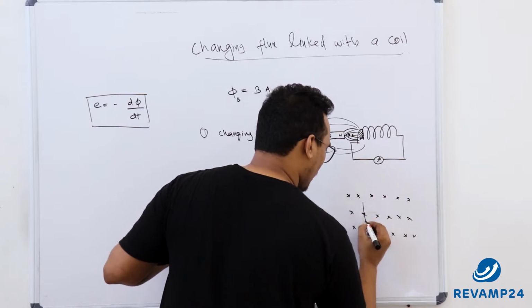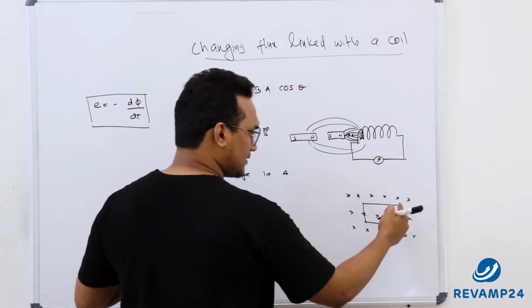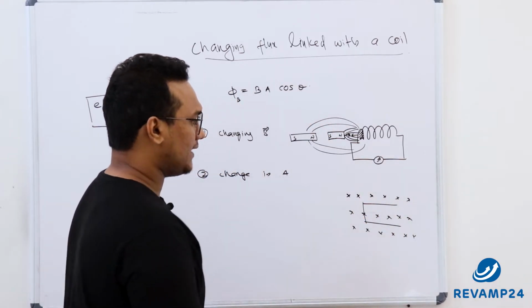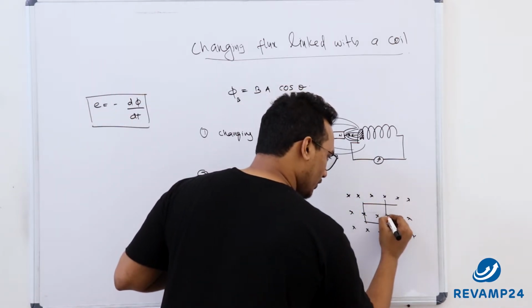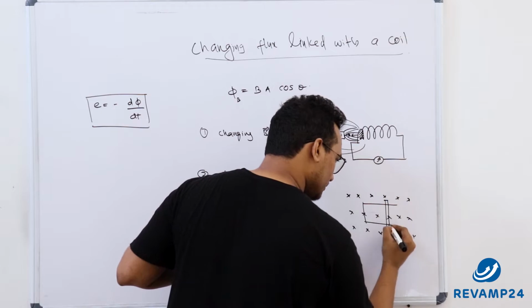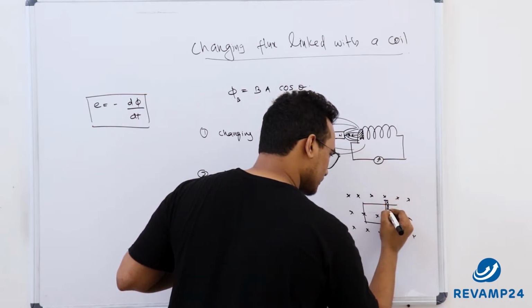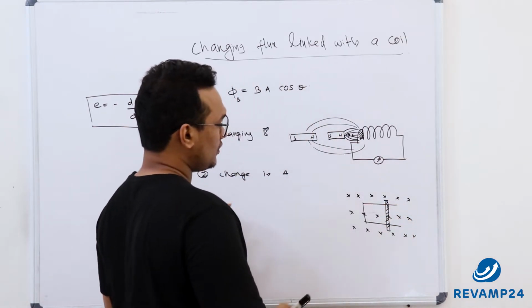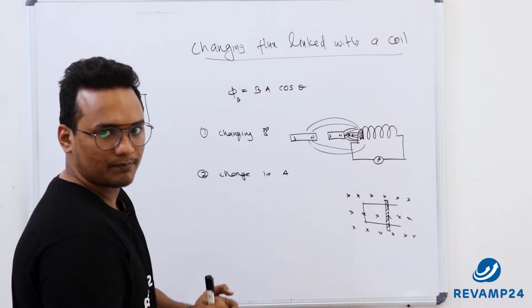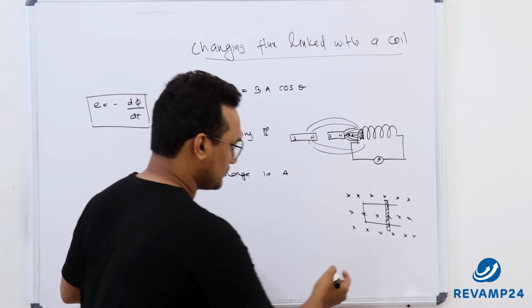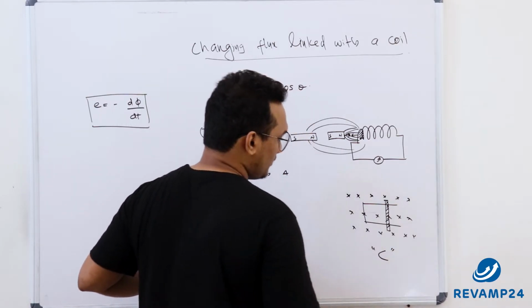And I kept a coil here in this way. This is a conductor in the shape of the letter C.